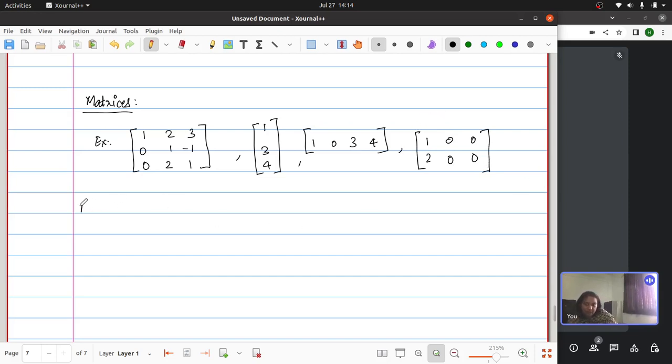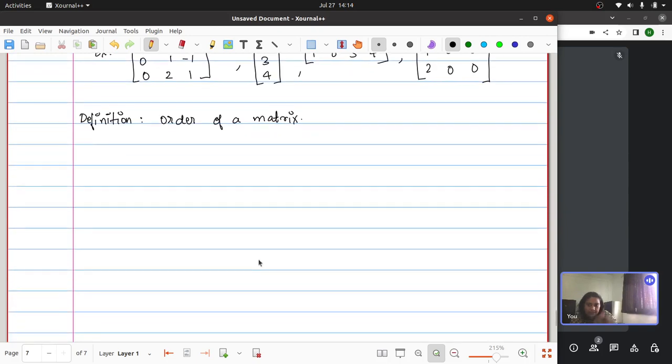So we will define something called the order of a matrix. It is basically you count the number of rows and number of columns, and that is the order of the matrix.